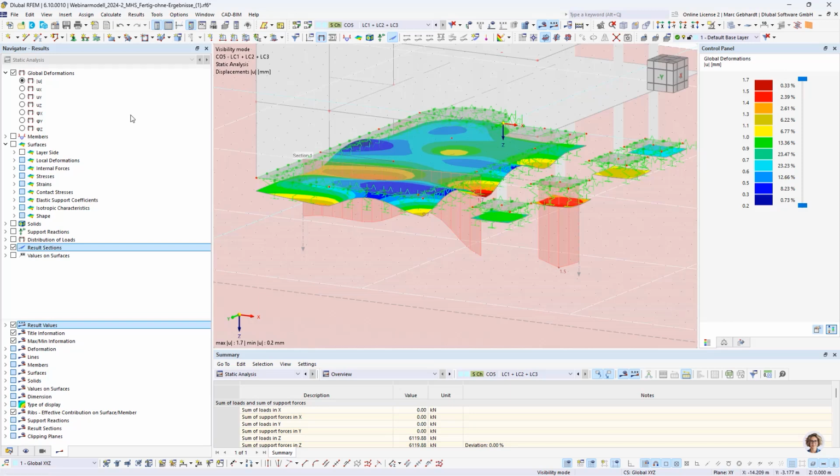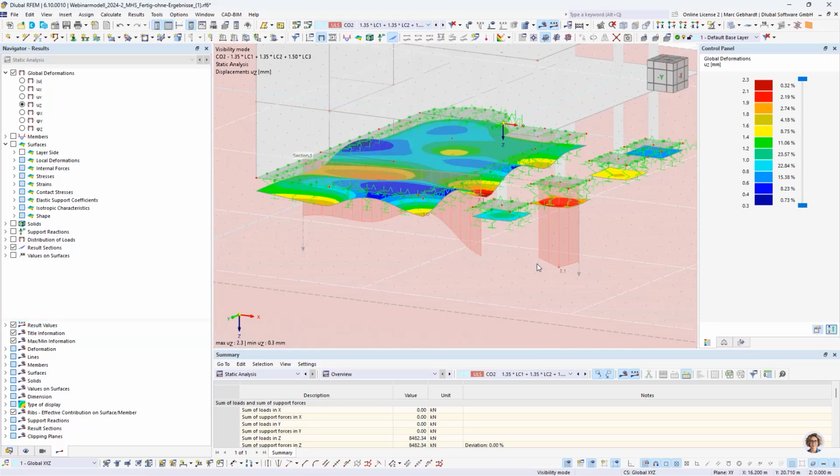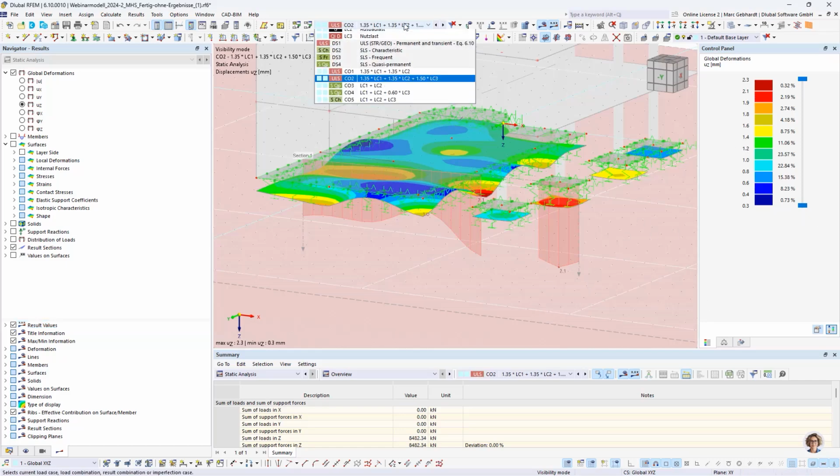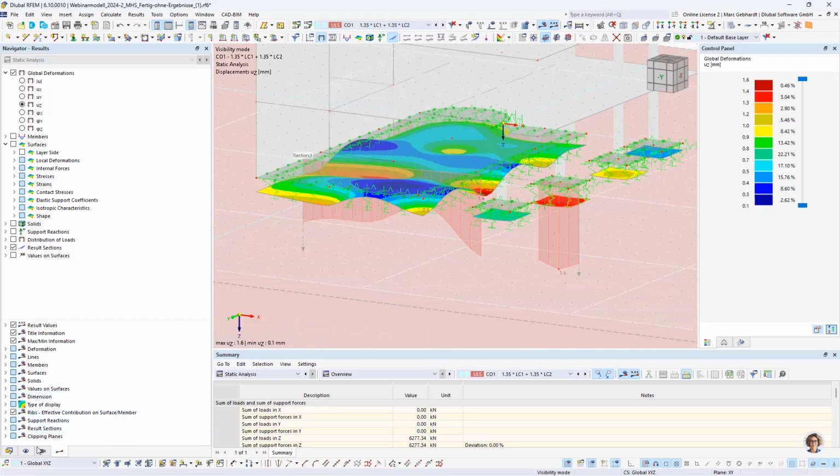Now we see global deformation. It's mostly in that direction. That's true and right. And the characteristic, we have 1.7 compared to ULS definition from 2.3, 1.6.